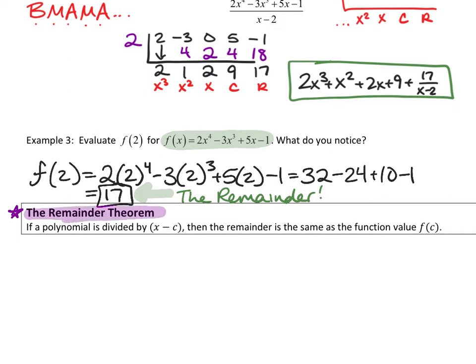If a polynomial is divided by some factor x minus c, then the remainder is the same as the function value f of c. So if we're just trying to figure out the remainder for some division problem, instead of doing the entire division problem, we can use this remainder theorem to find the remainder if we just evaluate the function at that particular c value, just like we did up here. Pretty dang cool.